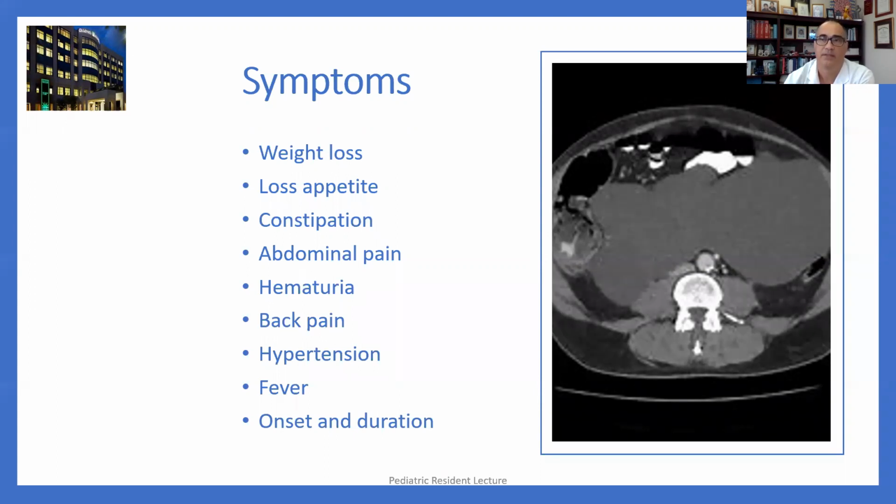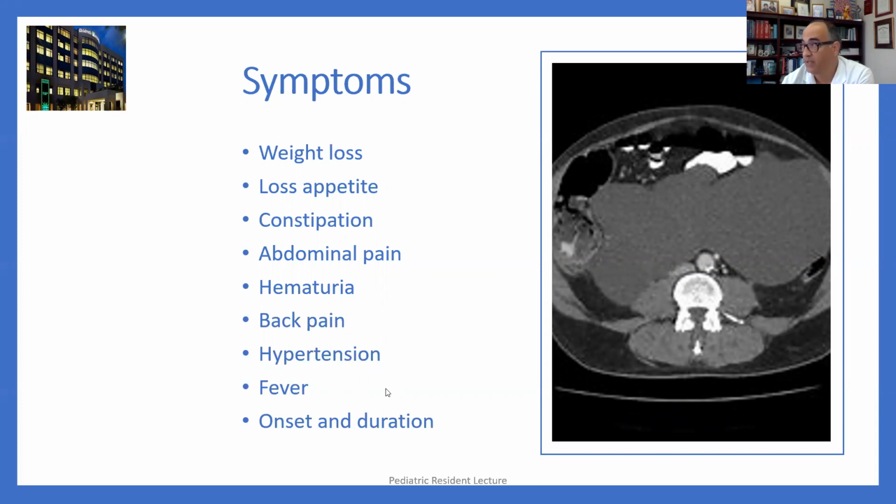Then back pain, hypertension, fever, and onset and duration of the symptoms. All these are very specific, but these tumors, one way or another, have some of these symptoms, not all together, but certainly some of them.